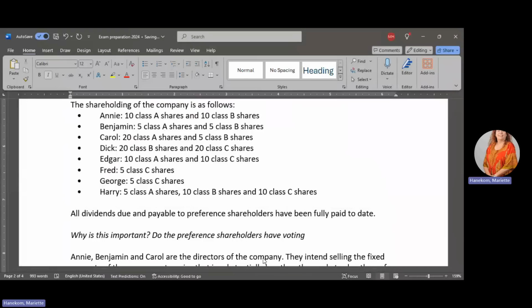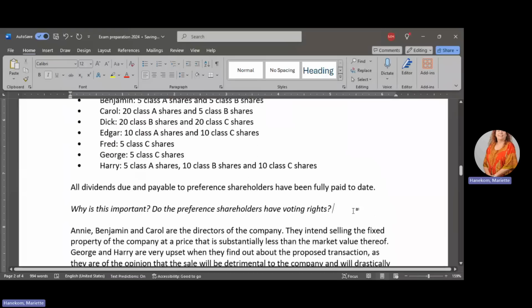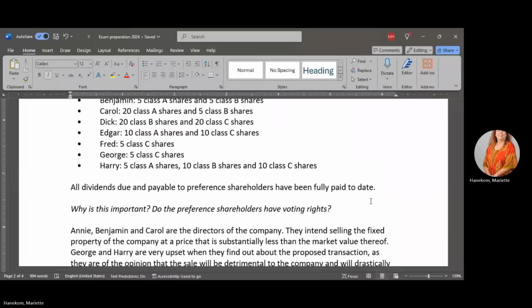Do the preference shareholders have voting rights? That could affect some of your answers. When do preference shareholders have voting rights?